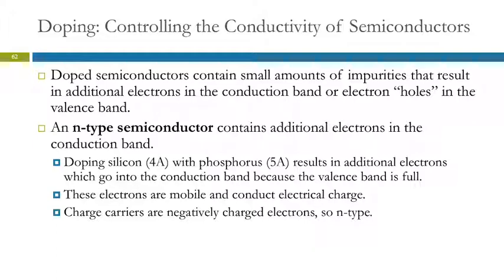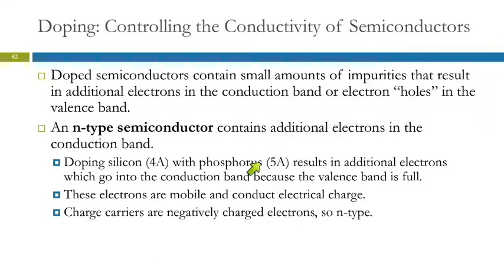So an N-type contains extra electrons, and because the valence band is full, any extra electrons have to go into the conduction band, and they're going to be up there all the time, so they're always going to be mobile. So we can take something like silicon. Silicon has 4 valence electrons, and we can add a little bit of phosphorus into it.